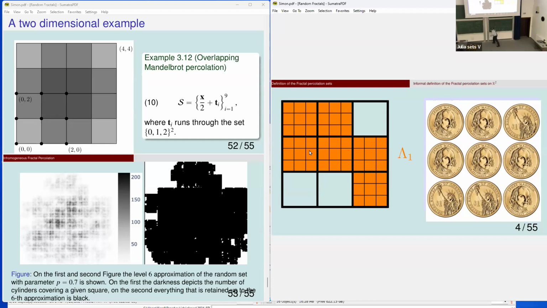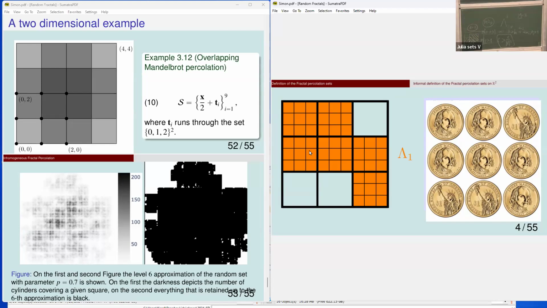So if you happen to choose this corner and then this is half-half, then certainly for the first approximation you have chosen this. But then here is another possible left bottom corner, and it's possible that you have chosen this square also. So they very much overlap. So this is an overlapping construction. The 0, 1, 2, 0, 1, 2.